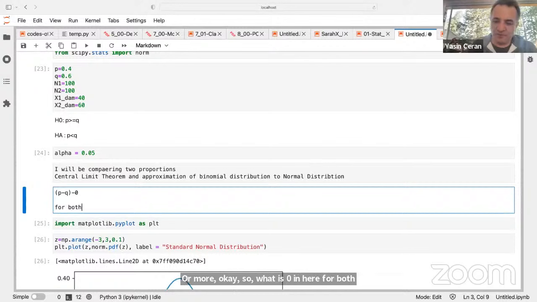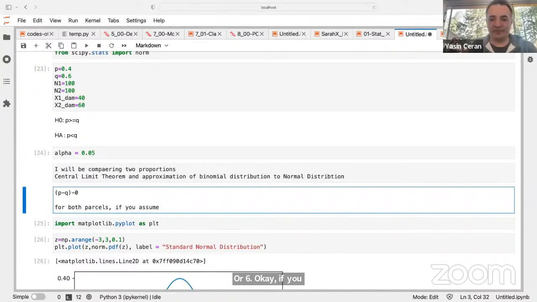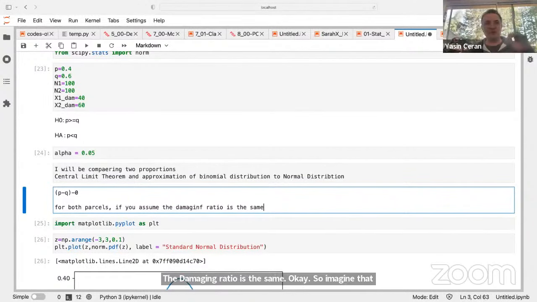So what is 0 here? For both parcels, if you assume the damaging ratio is the same, imagine a world where both parcel A and parcel B have equal damaging proportions.